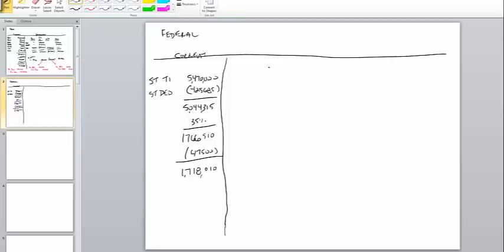All right, so let's go over and do our deferred calc. So I have beginning of the year, and then I'll say current year change, shortfall, and end of the year. Again, I've got a handful of deferreds.